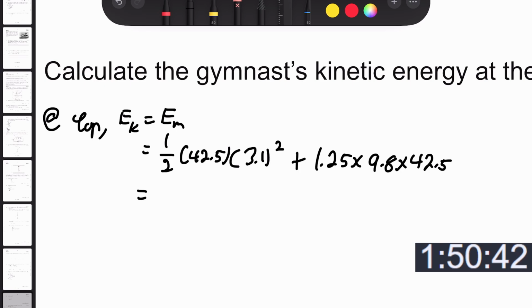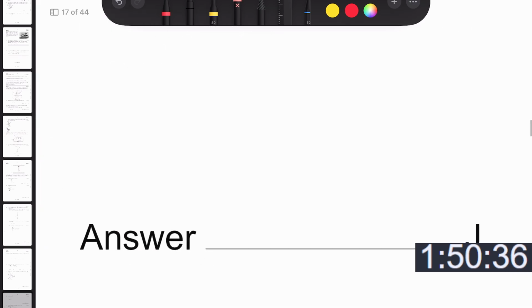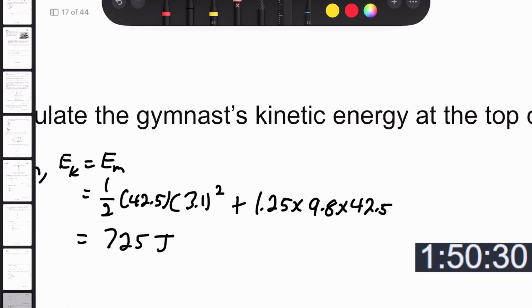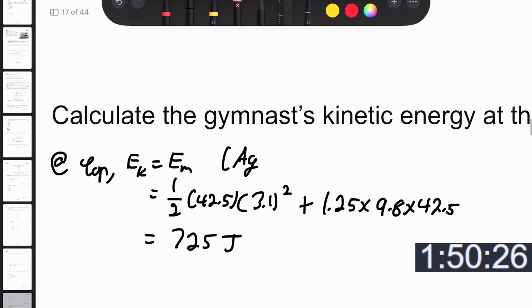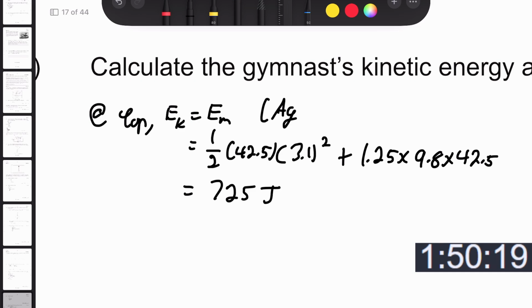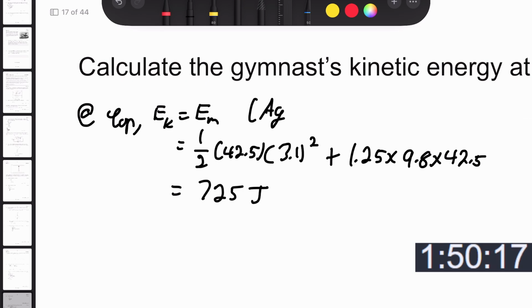1.25, 9.8, 42.5. So she has 725 joules of kinetic energy at the very top. Oh wait, no, at top basically EM. That's at the bottom.